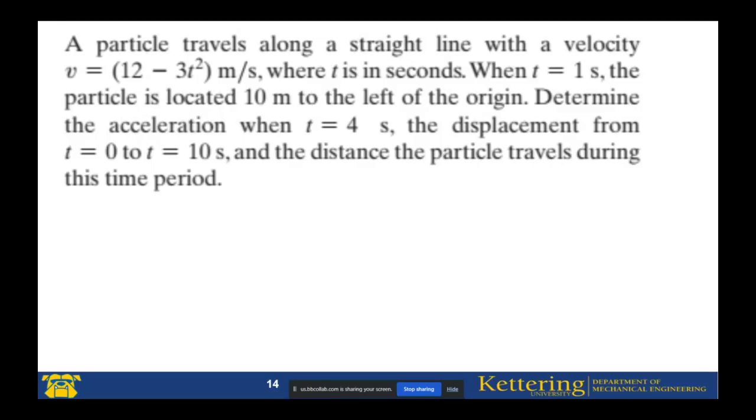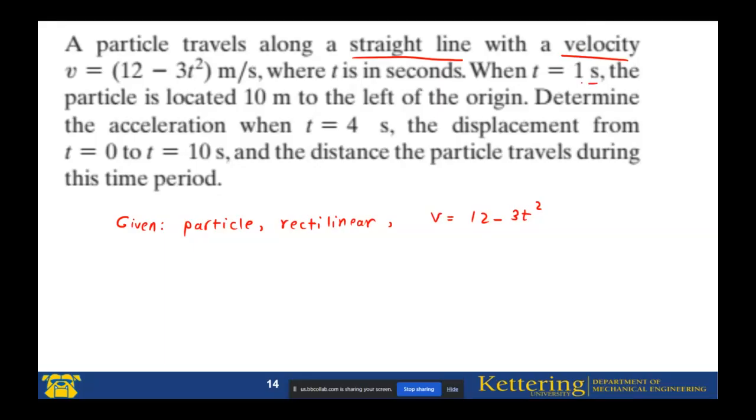Okay, let's solve this problem. There's a particle that moves on a straight line. It's a rectilinear motion. The velocity is given to you, 12 minus 3 t squared.